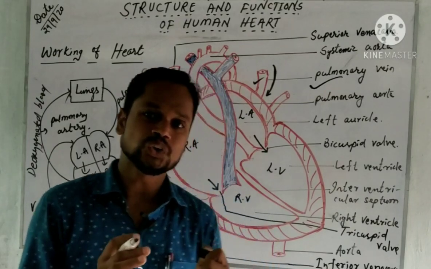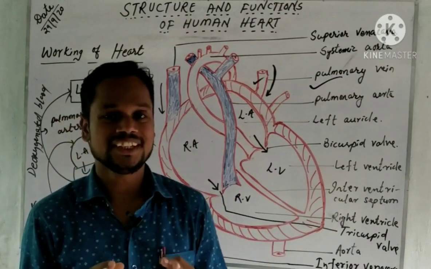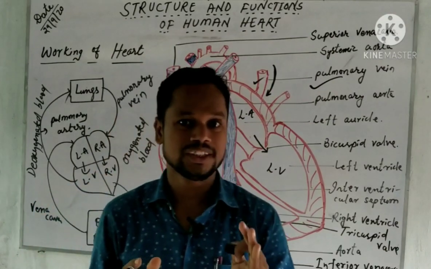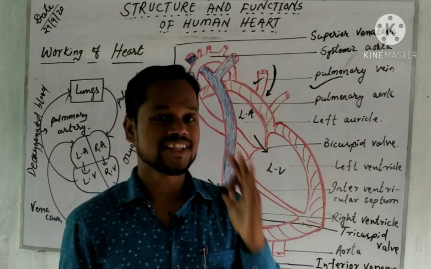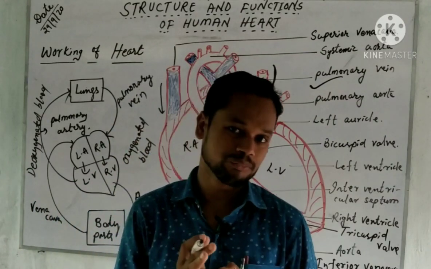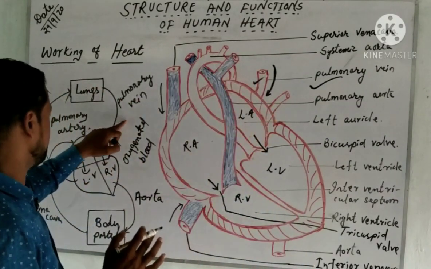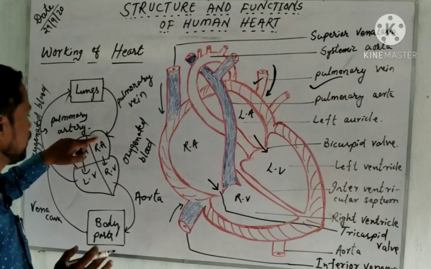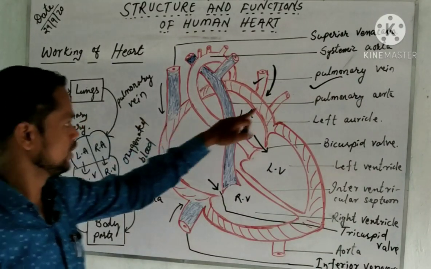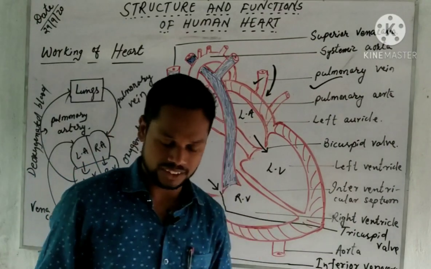All arteries carry oxygenated blood except the pulmonary artery, and all veins carry deoxygenated blood except the pulmonary vein. So the pulmonary vein carries oxygenated blood from the lungs and supplies it to the right auricle. Now blood has reached the right auricle.